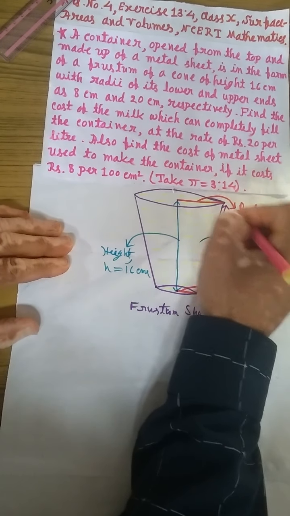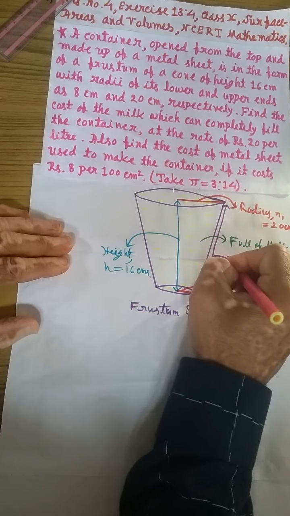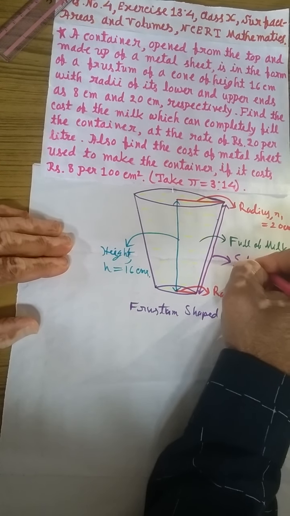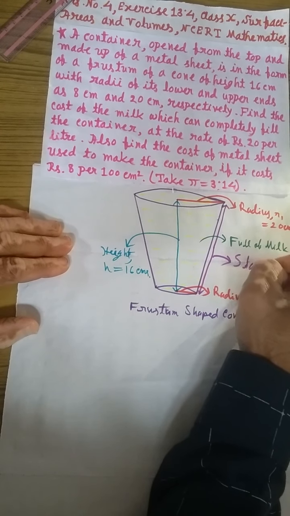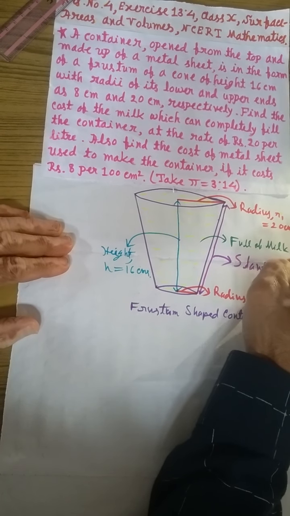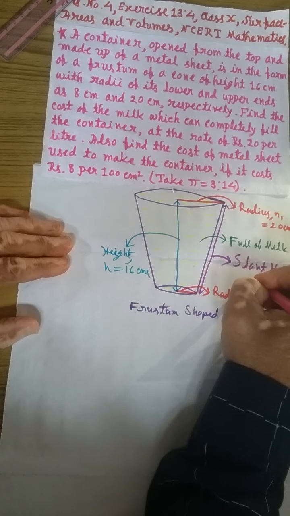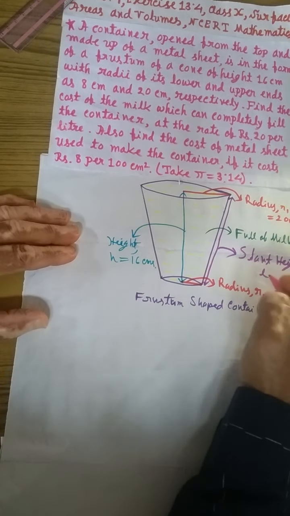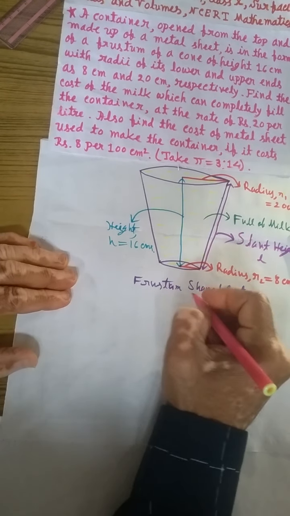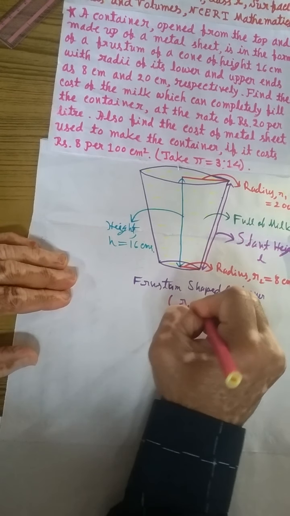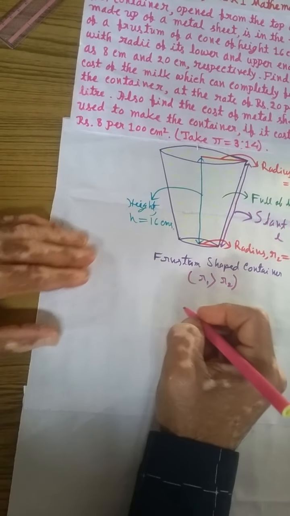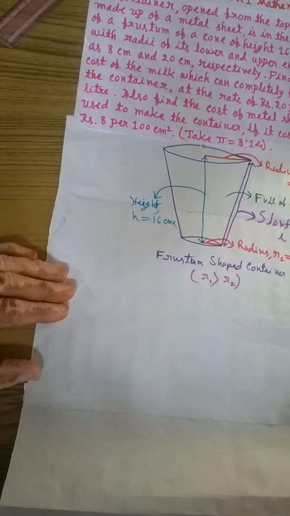This one is the slant height, L, which we have to determine, and in this case R1 is greater than R2. After this, let us proceed in this way.